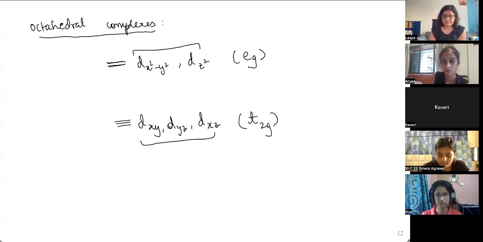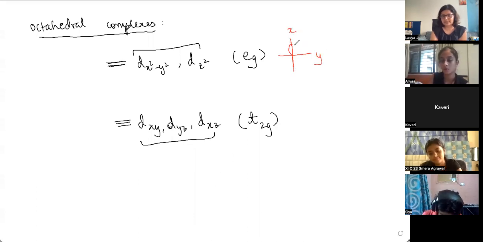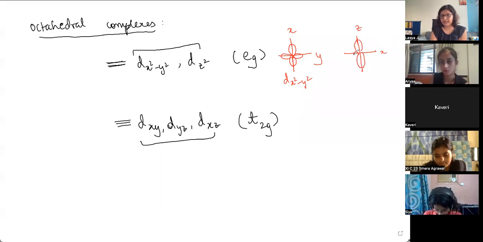Just to refresh, Eg orbitals are along the axis. If this is the x-axis and this is the y-axis, this is what it looks like. Dz square is along the z-axis, with a tire in between. That's kind of what it looks like.